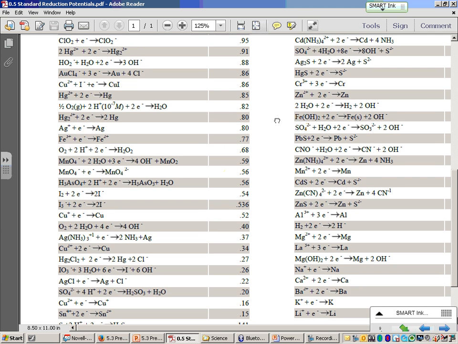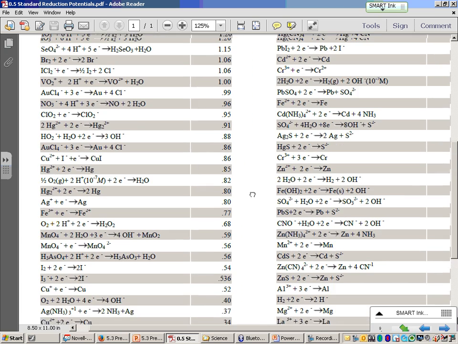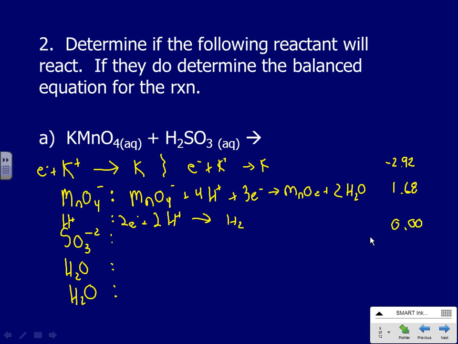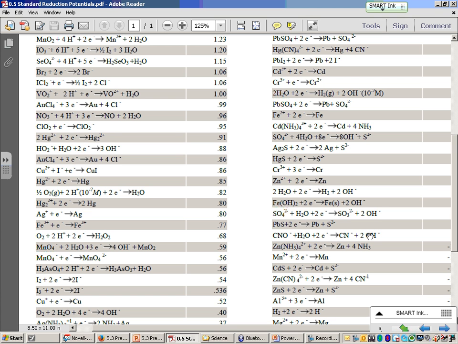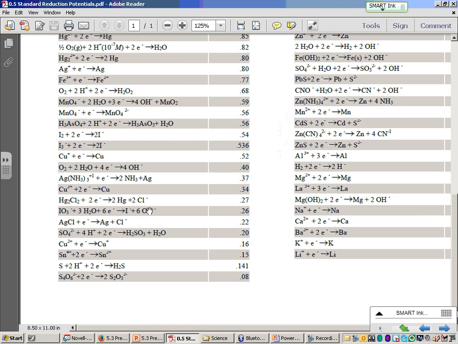I've got some mild concern here for a moment, though. Yeah, I do have mild concern on this one, because I said OHs were fair, but this isn't in a basic solution. Does it say what the solution is? Doesn't say. If this were in a basic solution, it would be the 1. But we need to know whether it's acidic or basic, because take a look over here.